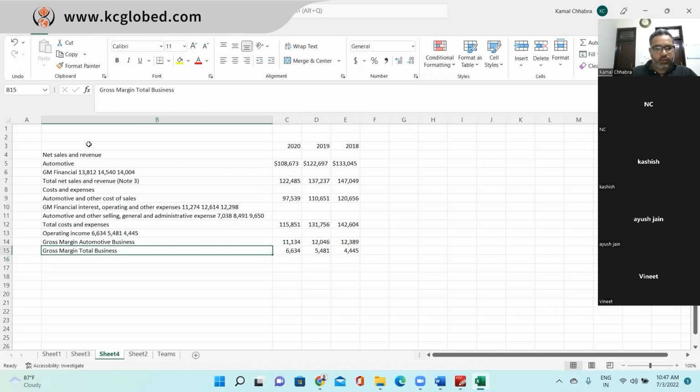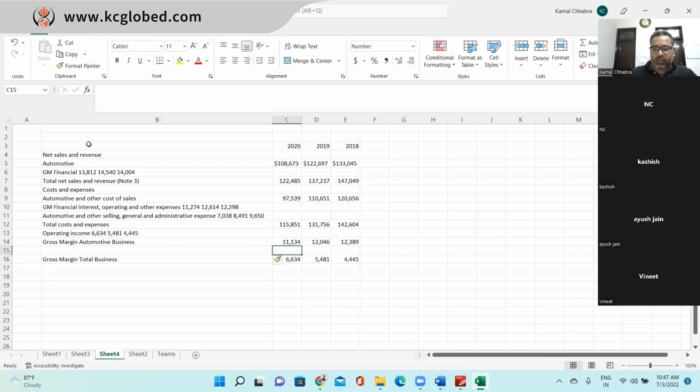Right here, you will do analysis like this gross margin to cost of goods sold. How much is your gross margin in terms of percentage? 11%. And the same way, this divided by your total expenses, and you will see this.